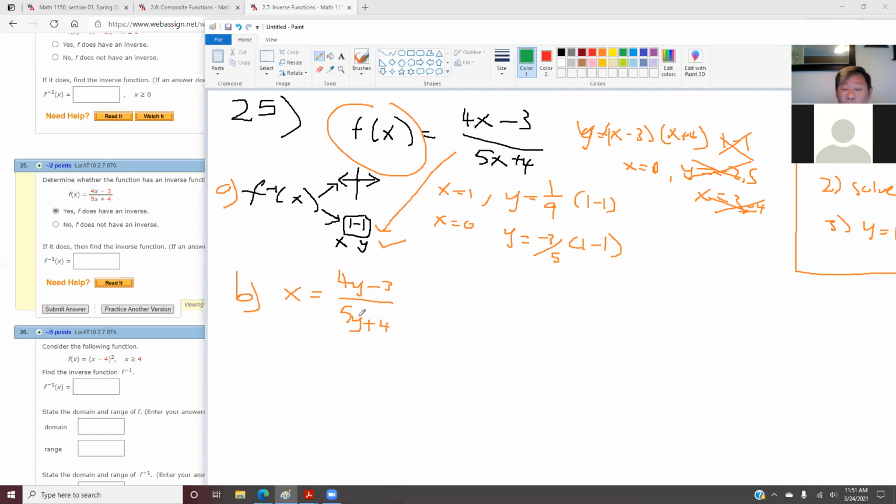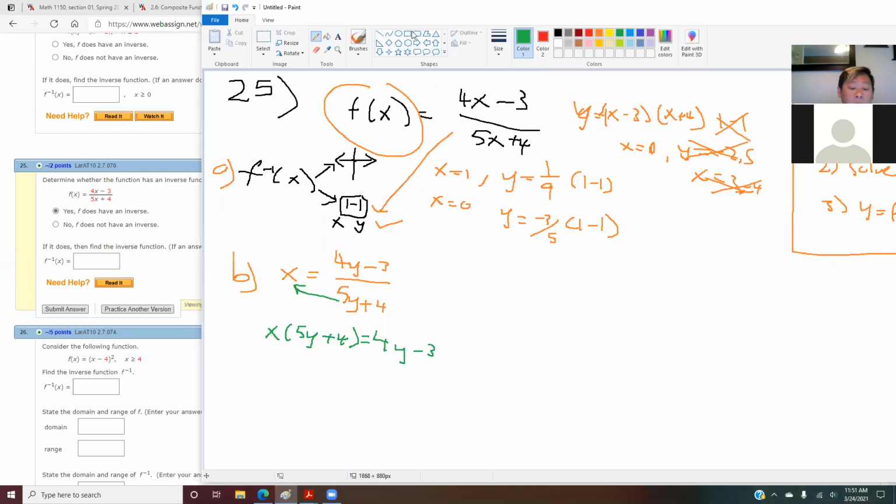How do you solve for y? We don't want the denominator, so I multiply it to this side. So I will get x times 5y plus 4 equals 4y minus 3. And then you distribute your x, so you will get 5xy plus 4x equals 4y minus 3.